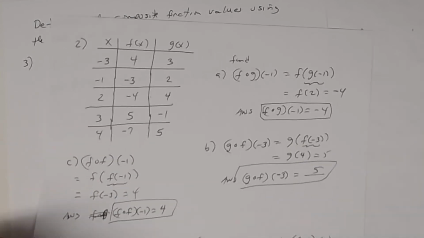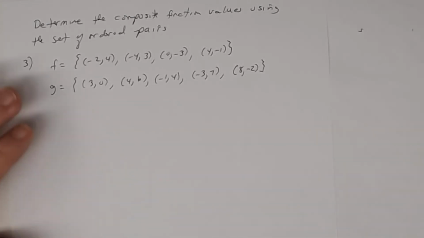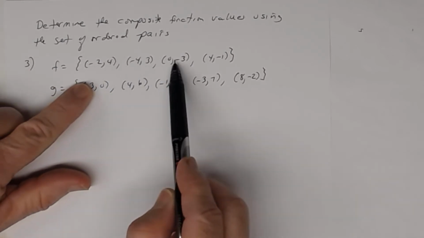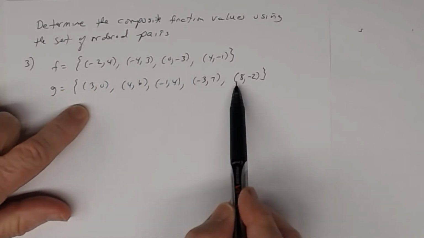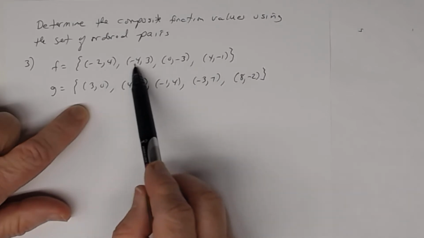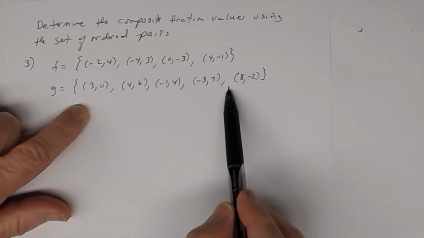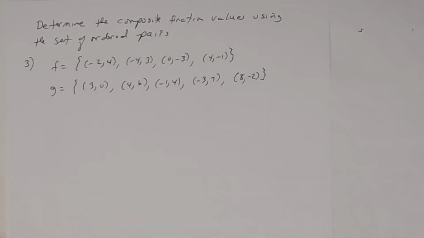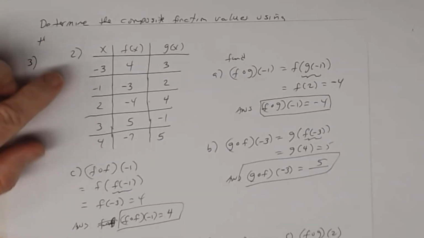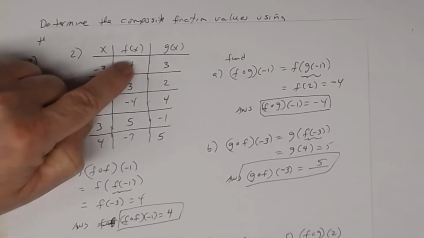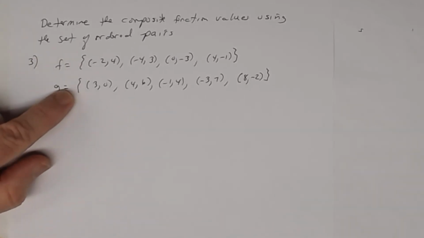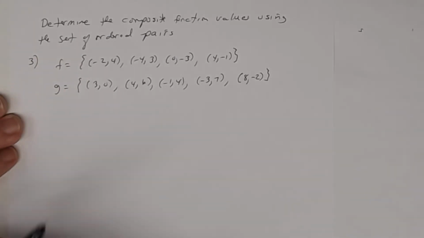The advantage to using set notation like this is that the number of ordered pairs doesn't have to always be the same in each case. So notice there are 4 points here and 5 points here, and that's fine. That's one of the differences between what you see in the table, where for each x there's an f of x and a g of x, versus this. All right.